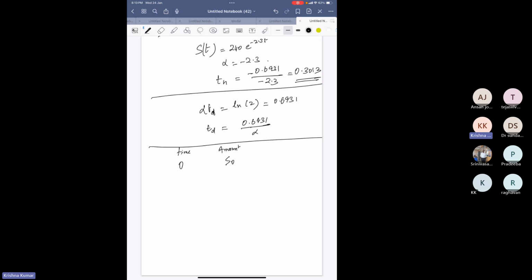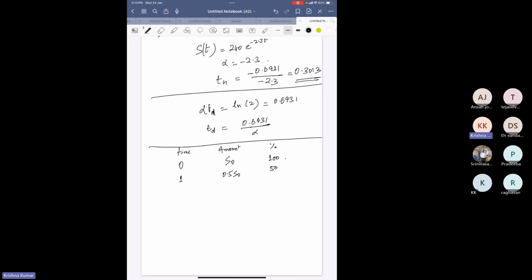So in percentage terms, it is 100%. Okay. So at the first half-life, we'll call it, it is 0.5 S naught, which is 50%.